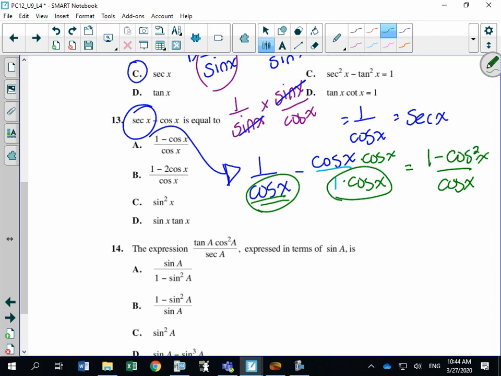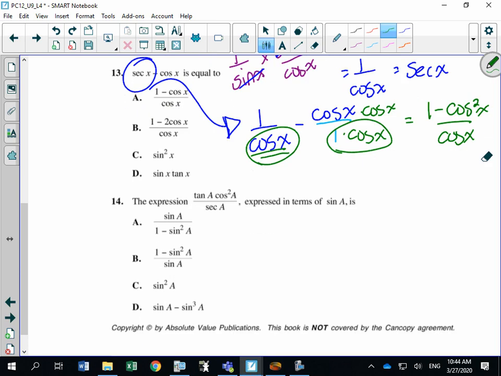You'll just get into the habit of whenever you have 1 minus, or 1 plus, and then something squared, you're going to say to yourself, that's probably an identity. And what identity is that? So you look at your formula sheet, and in the Pythagorean identity, sine squared of x plus cos squared of x is equal to 1. So say to yourself, well, what would 1 minus cos squared of x be equal to?